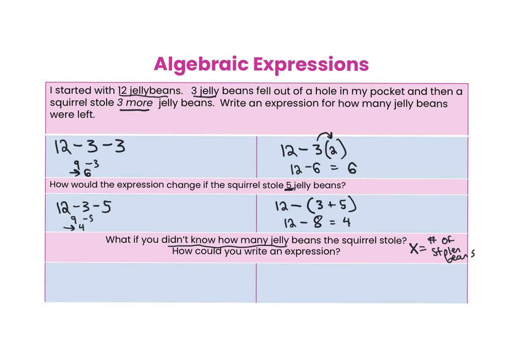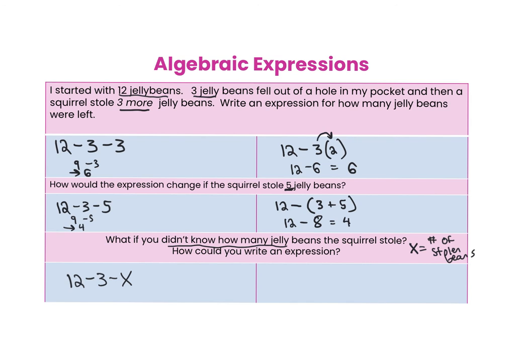So I'm going to follow a similar pattern here. And I'm going to say I started with 12 of them. And then I lost 3. And then the squirrel came along and stole an unknown number of beans.